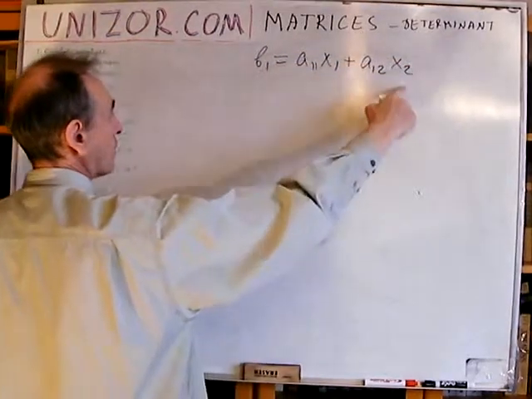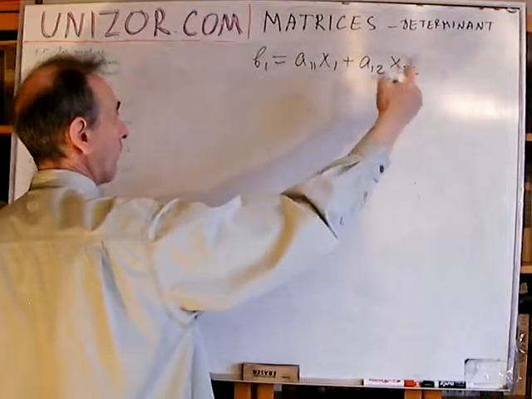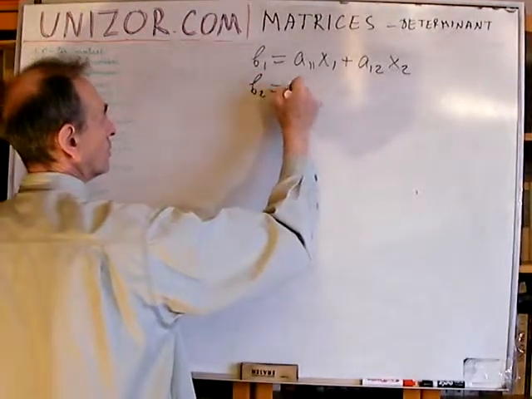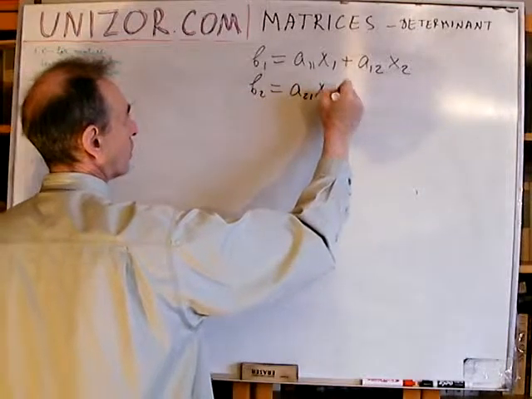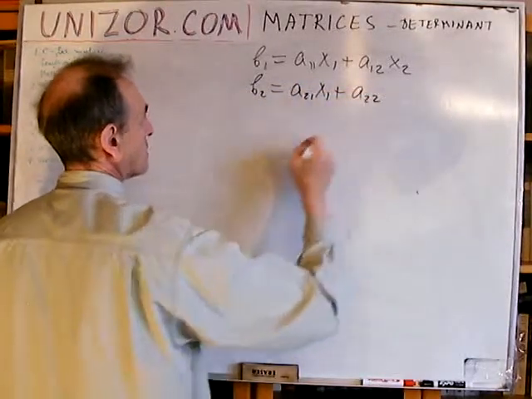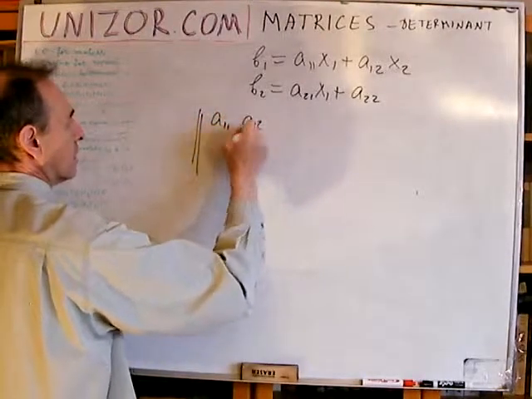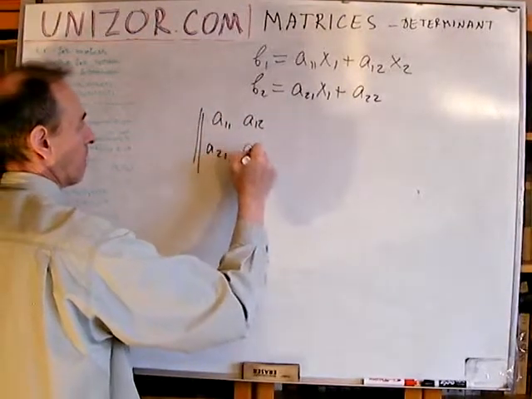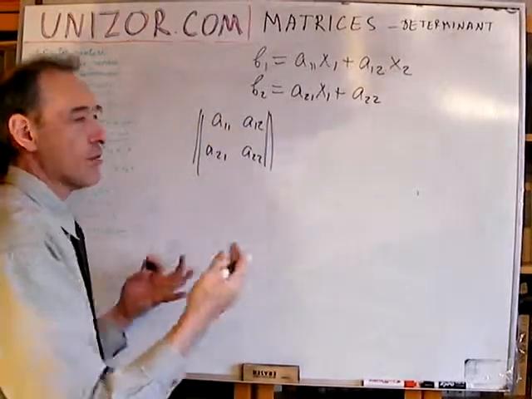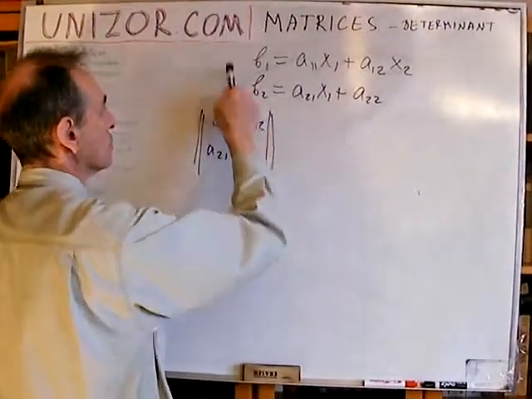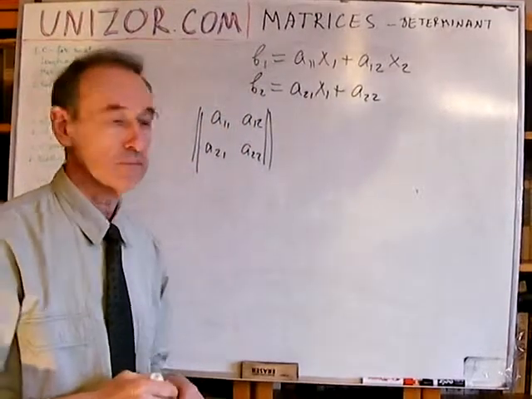So 2 variables, x1 and x2, are unknowns. All other coefficients are known. And we were talking about how the matrix of coefficients determines basically the transformation from unknowns to these two constants b.